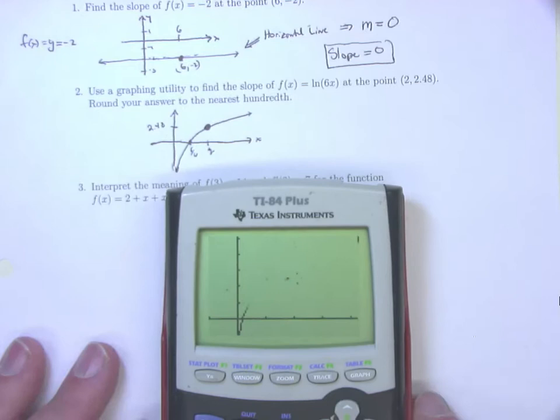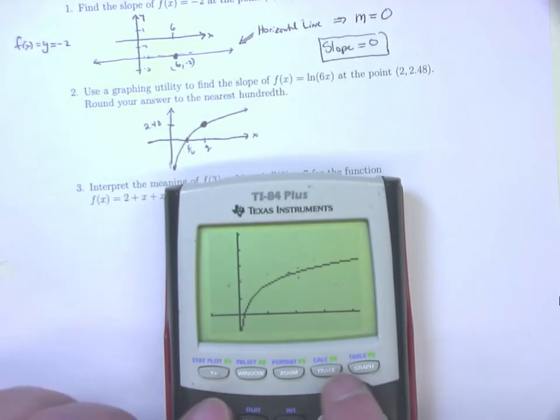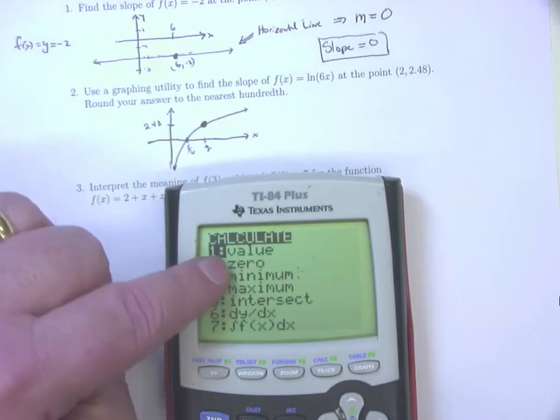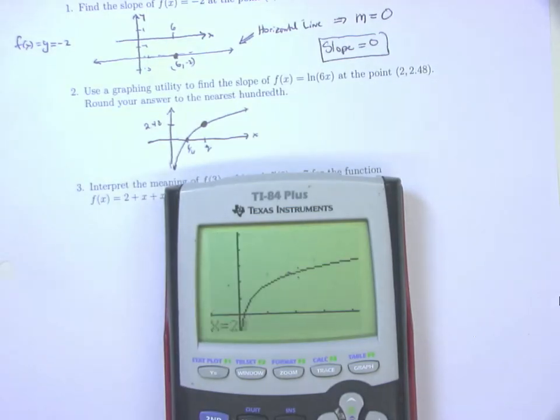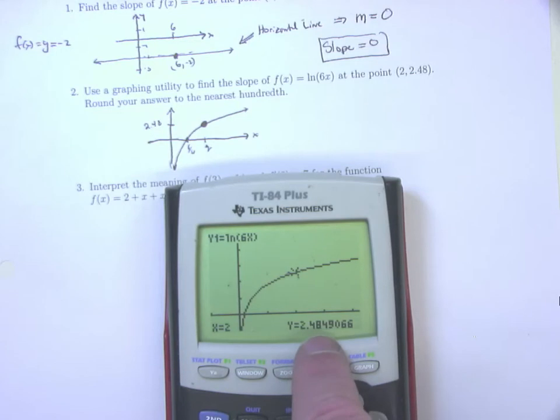I just wanted you guys to see the little axes here. And I'm going to plot the point for you guys. Second, calculate, value. X is 2, and there it is. There's my point right there. 2.4849, whatever.